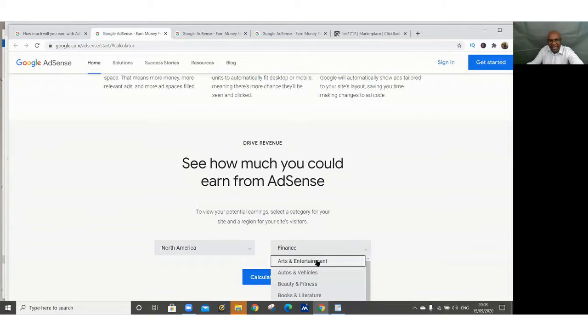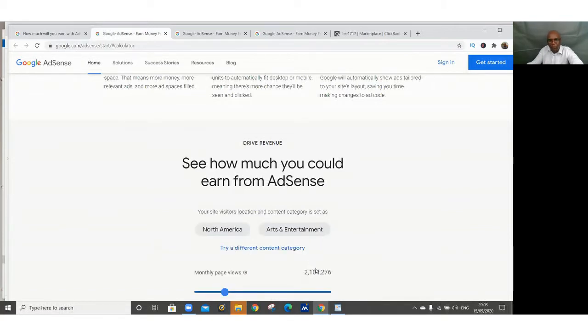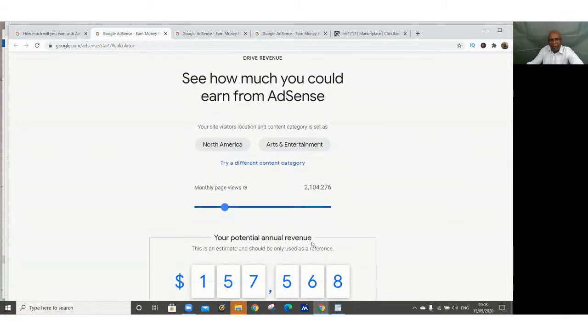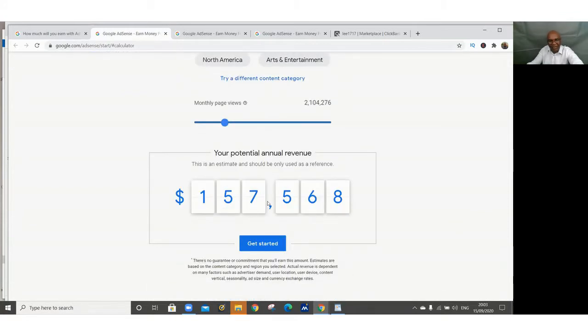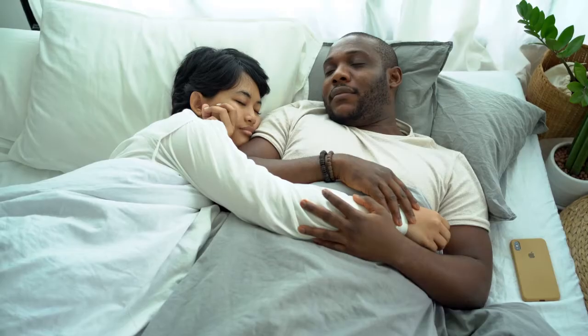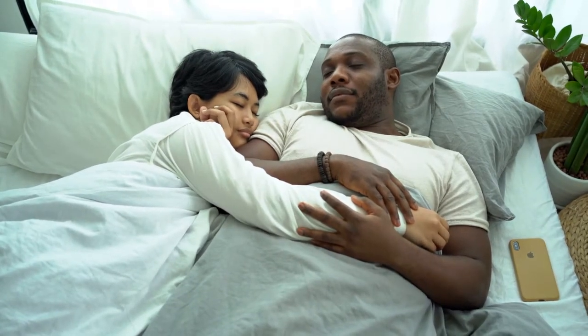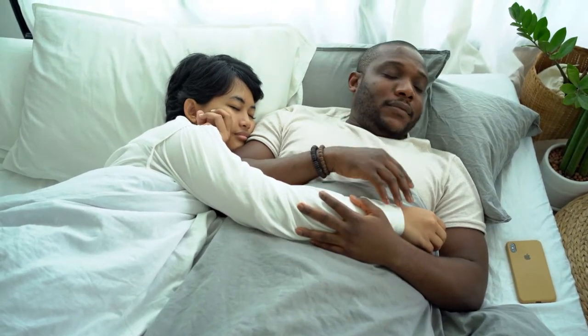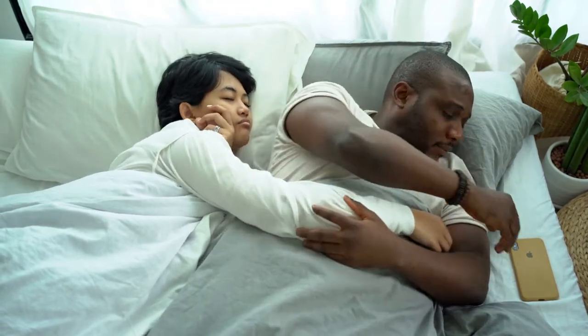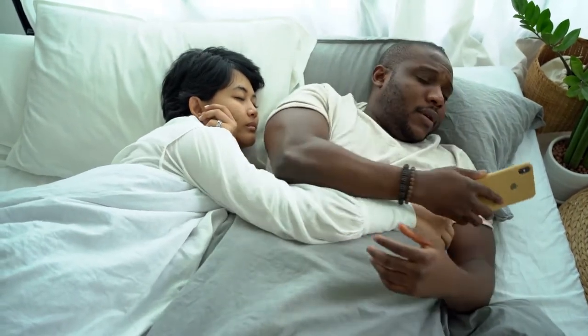If it is arts and entertainment, and you are in North America, and you've got 2 million monthly views, you're looking at $157,000, right? That's quite a serious amount of money which you can make passively, whilst you are asleep, whilst you are doing other things that matter in your life.